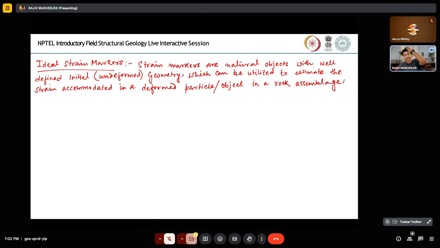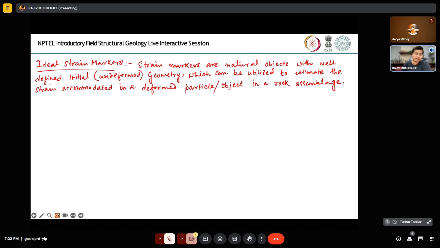So this is the definition of a strain marker. That's it. And we also say there are at least 5 to 6 criteria for identifying a strain marker.